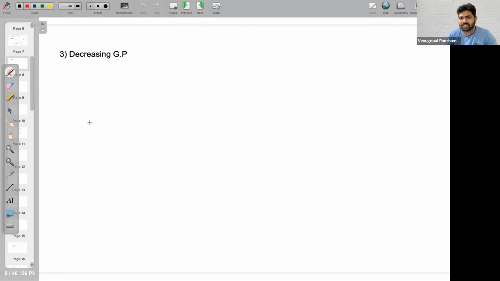Next, let me take a decreasing GP, which is nothing but 1 plus 1 by 2 plus 1 by 2 square plus 1 by 2 cube and so on, up to 1 by 2 power n. This is clear.